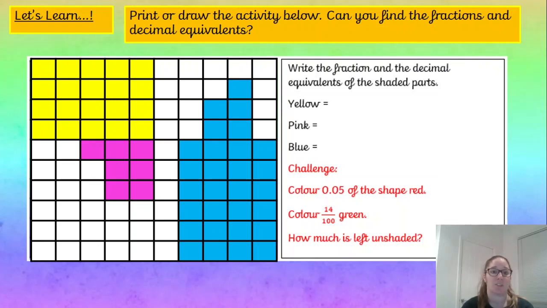It's on the resources for you. You can stick it in your books. If you want to draw it out, that's also fine. And the answers are also on the resources, so you can have a look after you've completed the activity. In fact, have a look after you've completed all the activities, because there's another answer on there as well.